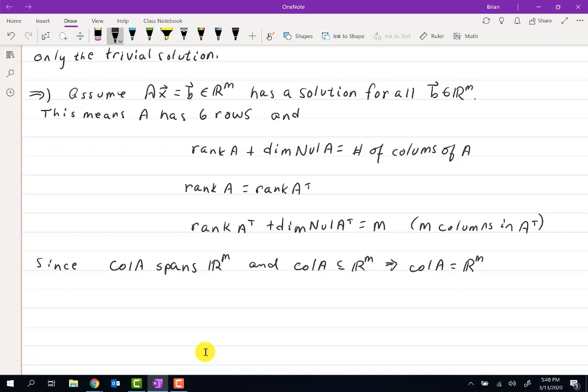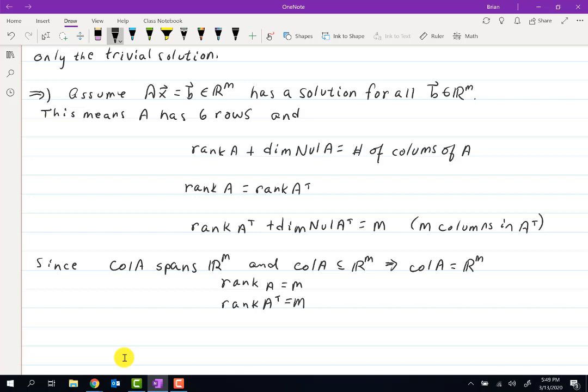So then I know that the rank of A equals m, so the rank of A^T also equals m.